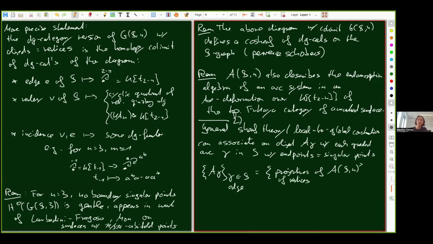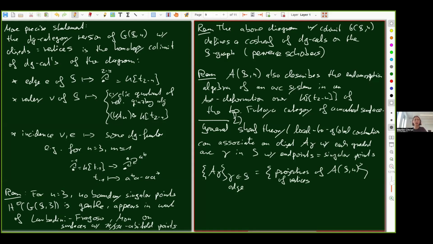Every vertex of the algebra has an associated projective direct summand of this algebra, and they exactly correspond in terms of this geometric description. Every edge of the S graph itself is a curve, and this curve corresponds to the projective. Right. Are there any questions?